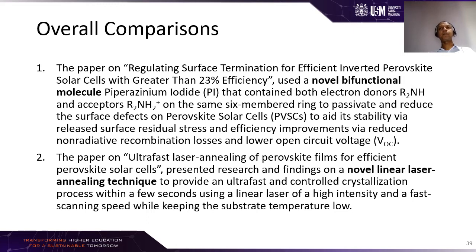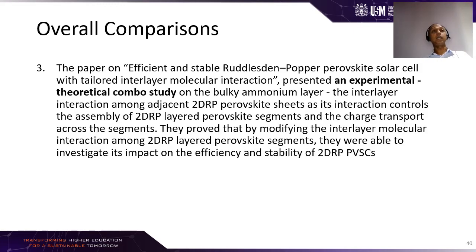Now, the third journal, basically the efficient and stable Ruddlesden-Popper perovskite solar cell with tailored interlayer molecular interaction, presented an experimental and theoretical combo study on the bulky ammonium layer, which is the layer interaction among adjacent 2DRP perovskite sheets, as its interaction controls the assembly of the 2DRP layered perovskite segments and the charge transport across the segments.